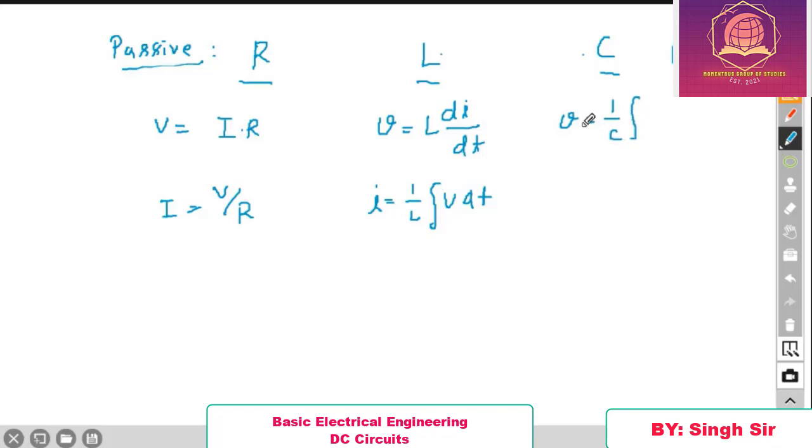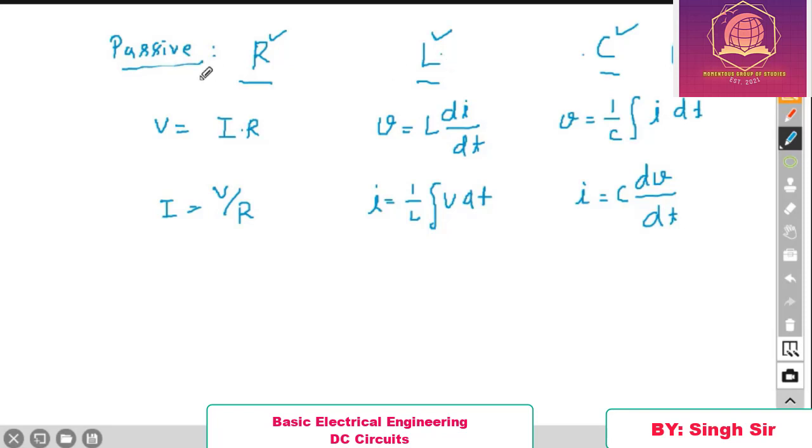For a capacitor, the voltage is given by 1 by C integration of I dt, and the current in a capacitor is given by C dV by dt. So these are the current and voltage equations in the case of passive elements. You should have an idea about these elements.